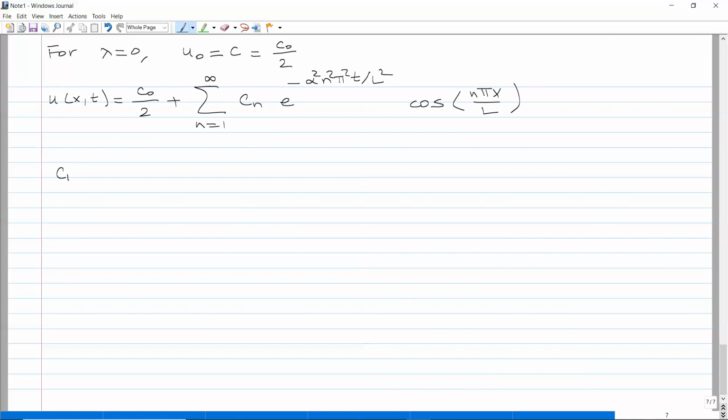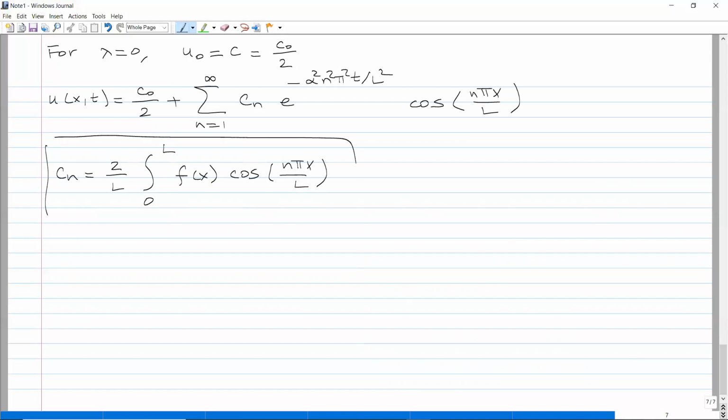And the constants are now 2 over L times the integral from 0 to L, the function f of x times cosine of n pi x over L, including the constant C0.